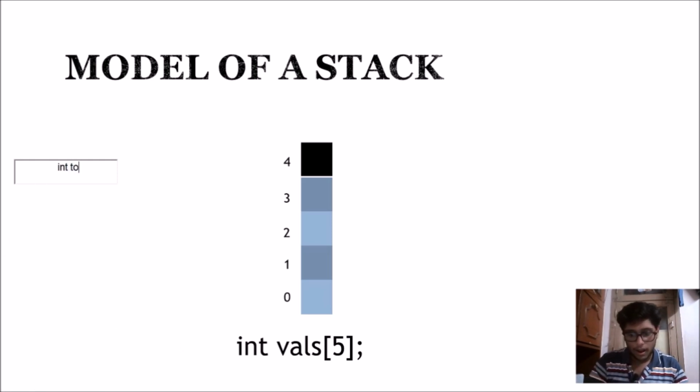And a top variable which keeps track of the topmost element's index. Let's say the elements are from 0 to 3. That means the topmost element is at index 3, and this top variable is going to hold this 3 to show where the stack ends. I mean, where the stack starts, basically.